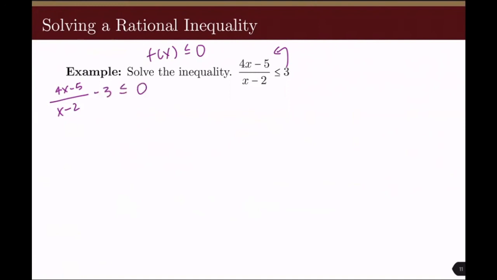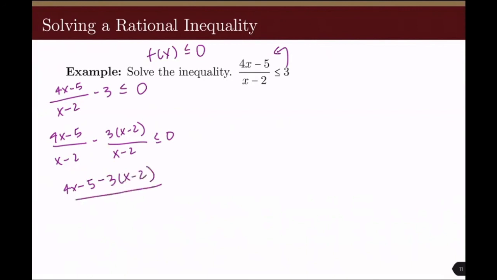And then we want to be able to make this into one fraction. So we'll have minus 3 times x minus 2 over x minus 2. And then we'll have 4x minus 5 minus 3 times x minus 2 all over x minus 2 is less than or equal to 0.